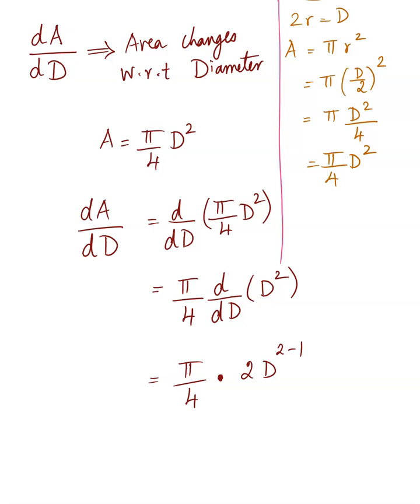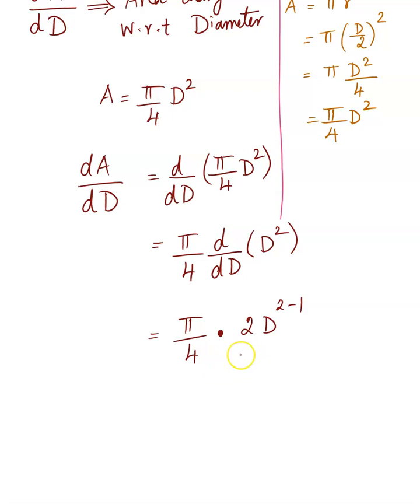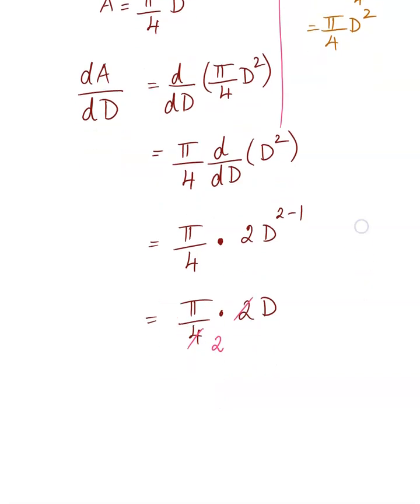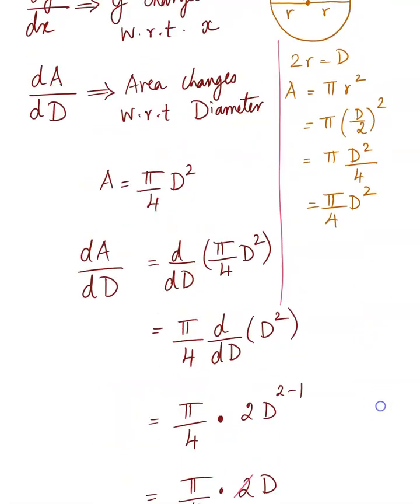Instead of x, we have D. All right, so that's pi over 4 times 2D, and then simplify this. I'm again going slowly just because I want you to get used to the new variable we're using here. And that will be pi D over 2. This is your derivative of A with respect to D. All right, we found that portion of it.